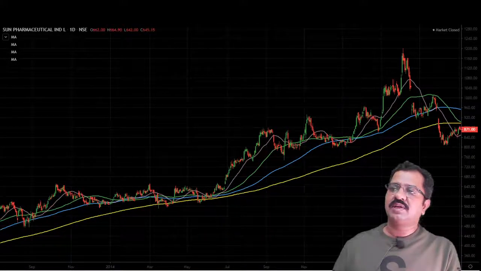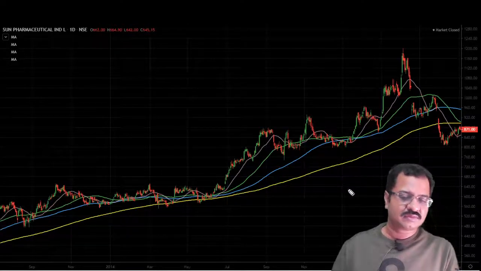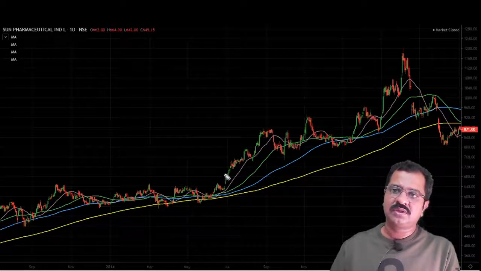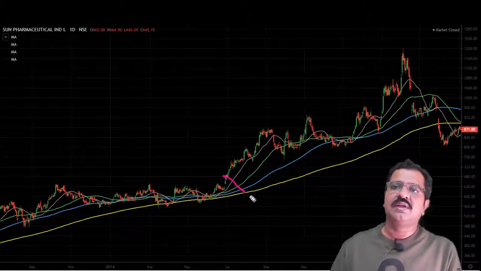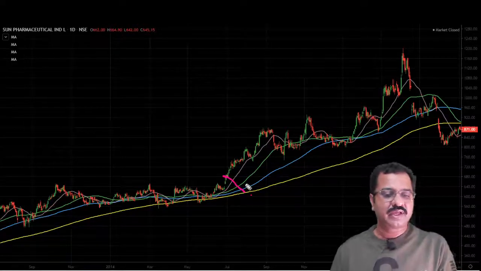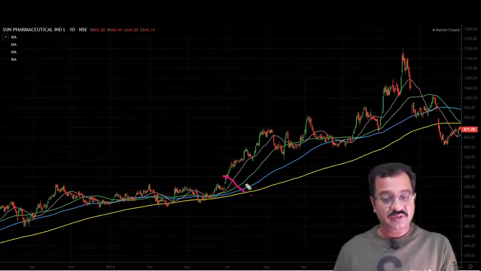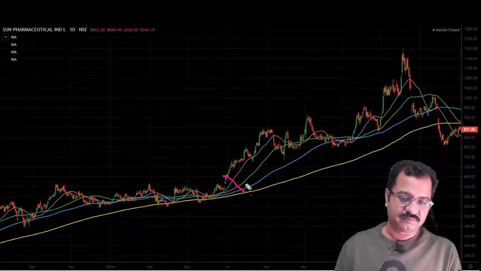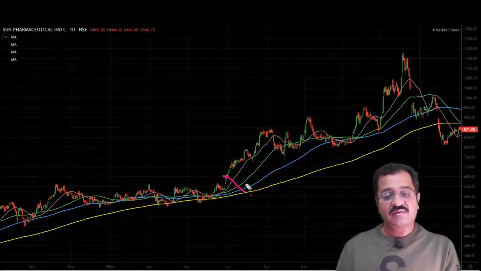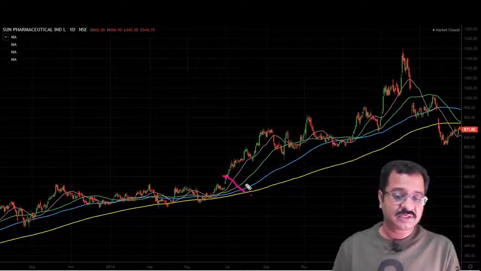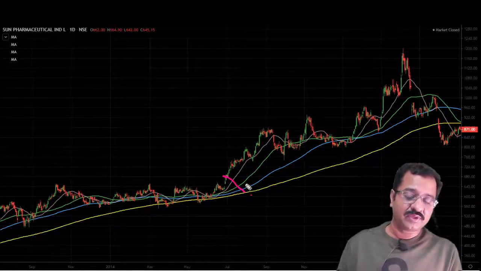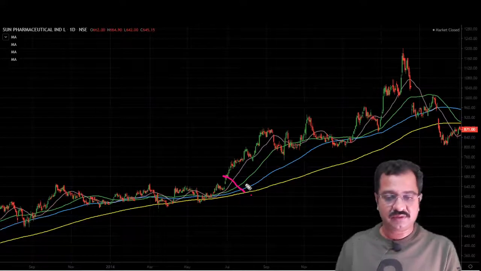If they are coming closer, that is a sideways market. So if such a market starts, when moving averages start expanding, you can use your bullish strategy. So this can be used as a very good filter.